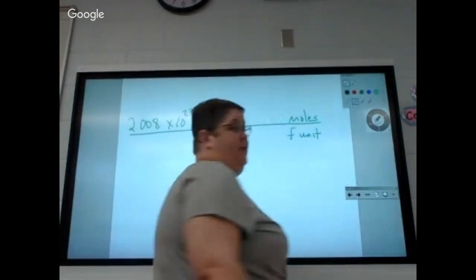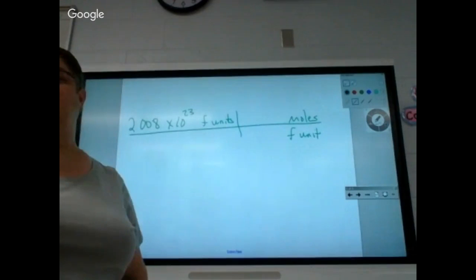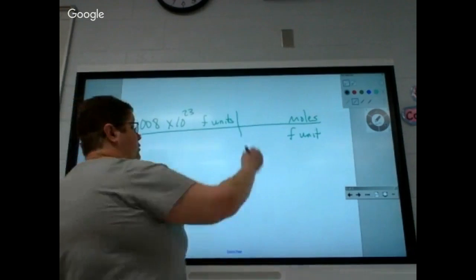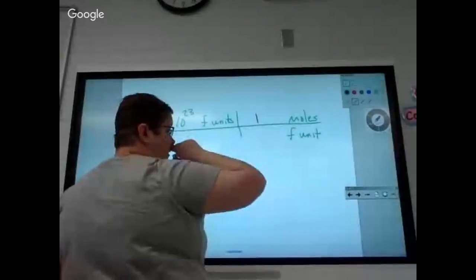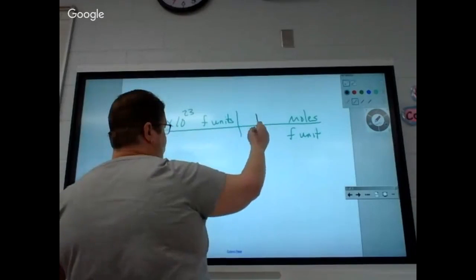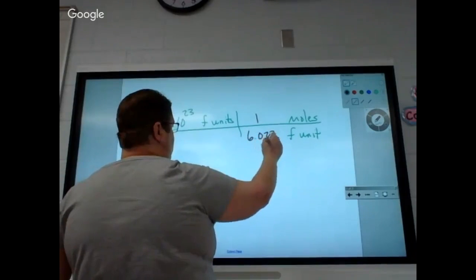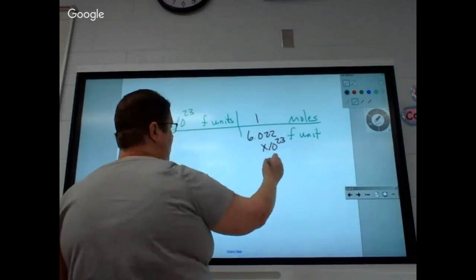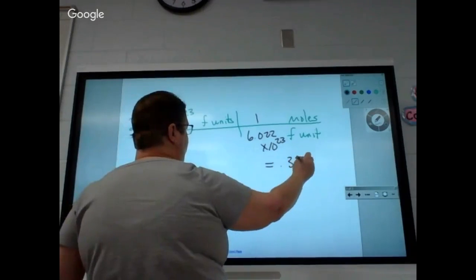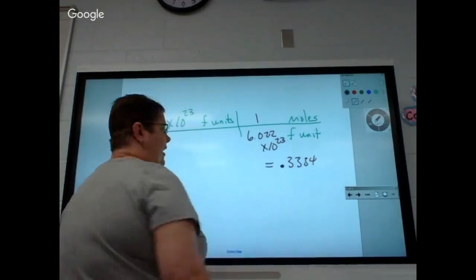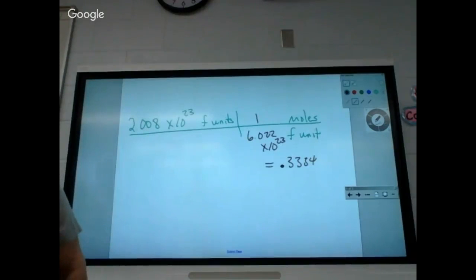All we need to do is fill in the numbers. So moles gets a what? And formula units gets a what? Avogadro's number. And that's how when we divide, we get 0.3334, which is why I said that one should be pretty close for all of us, because we're all putting in Avogadro's number. We're going to wind up with the same answer.